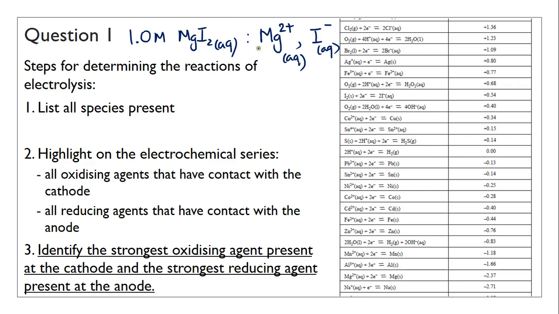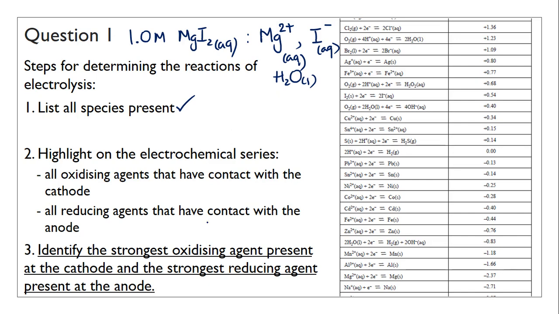And also because it's an aqueous solution, the third substance is H2O. So 3 species: Mg2+, I-, and H2O. So I've listed all the species present. The second step is to highlight on the electrochemical series all oxidizing agents that have contact with the cathode and all reducing agents that have contact with the anode.